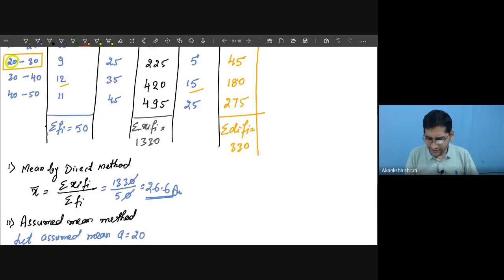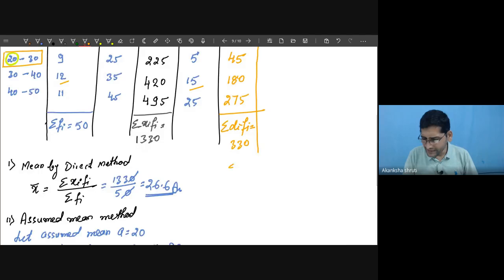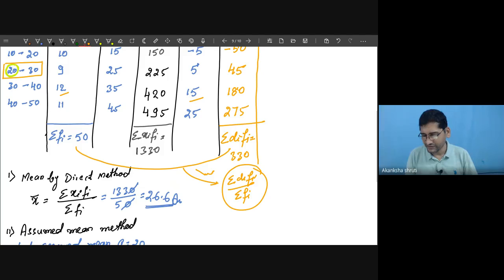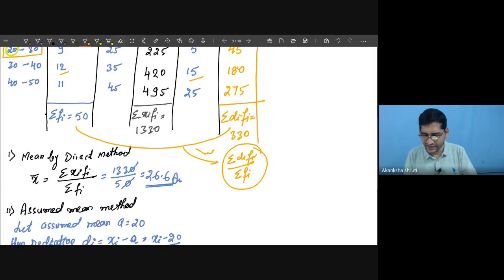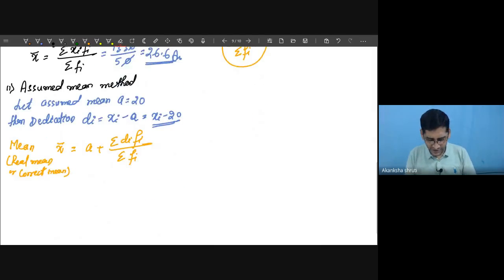Or if possible, you may calculate this summation of DiFi and Fi separately. So from this to this and this, we are going to calculate this for the assumed mean method. Fi is always required, or you may directly substitute the value here.